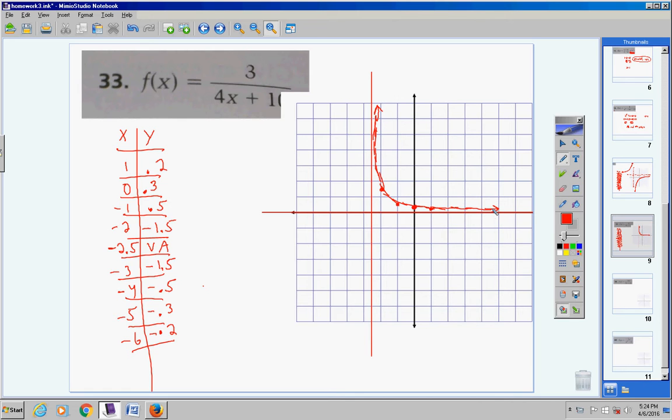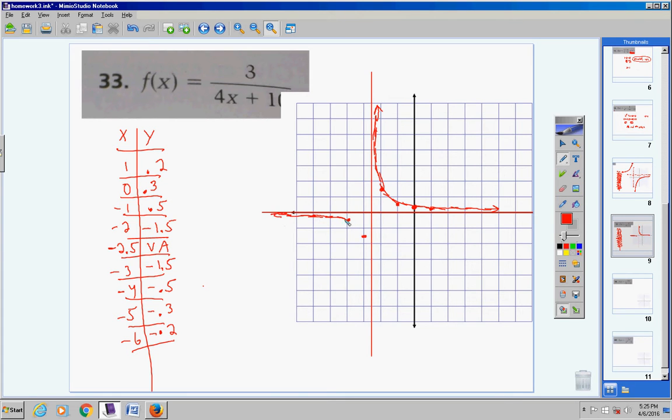Okay? Now, over here on the other side we have negative 3 is negative 1.5. Negative 4 is negative 0.5. Negative 5 is negative 0.3. Negative 6 is negative 0.2. So it's getting closer and closer to your horizontal asymptote, but it's never going to touch it.